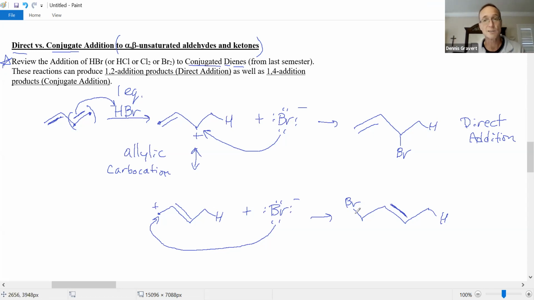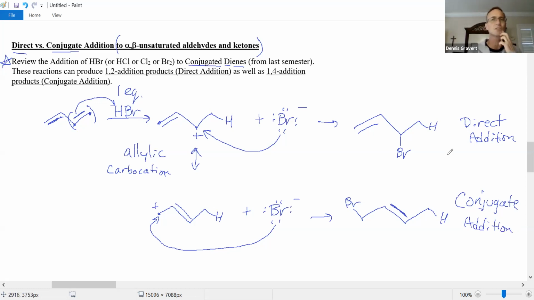But the other one, the weird one, is where we get resonance structures to get the double bond to move. There's some conjugation involved. Both double bonds are involved in this. So this is called conjugate addition. That generates a second product.